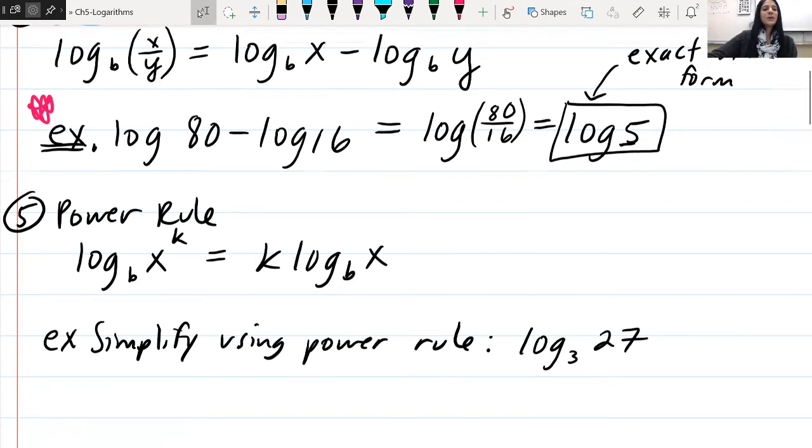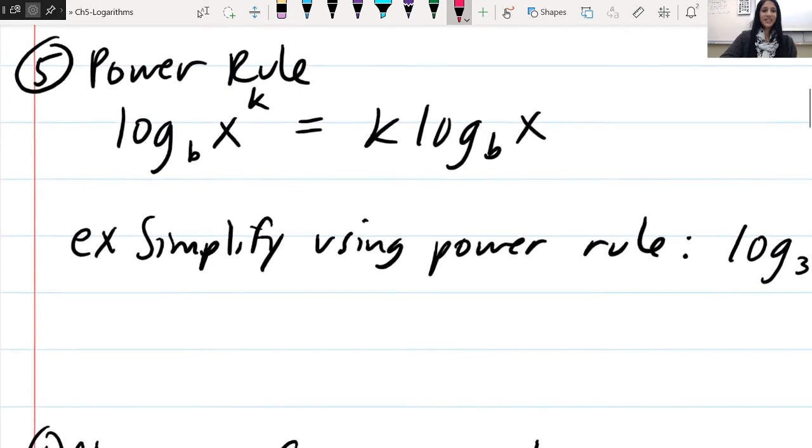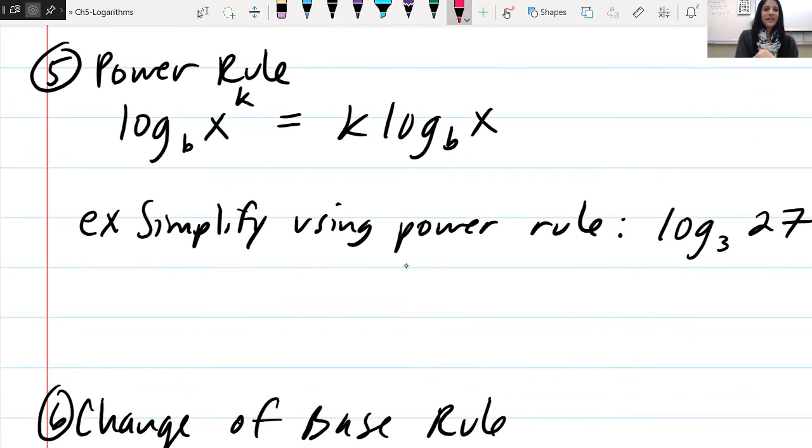Okay. Next one is power rule. Log base b of x to the power of k. Okay, this is a weird one, so I'm going to zoom in on this a little bit. If you have all of this and it's to the power of something, we can take that exponent and just swing it to the front, so it ends up being k log base b of x.